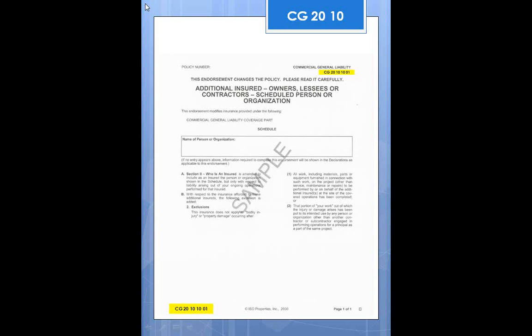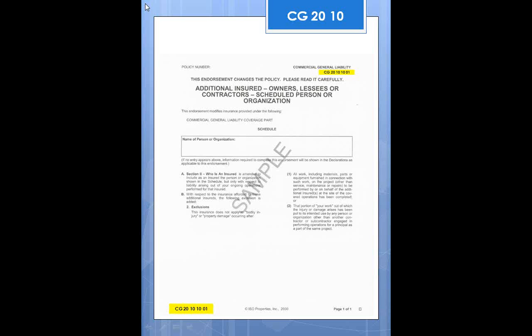What we need to do in those letters that we send to the tenant, to the contractors, or even in the agreement itself when you first do the agreement, is put in there that the additional insured endorsements that they have to provide to us that will name the owner and the property management company as additional insured are the CG 20 10 10 01, this one right here on the screen, CG 20101001, with the appropriate spaces in between to delineate the number and the date, and the CG 20 37 10 01.